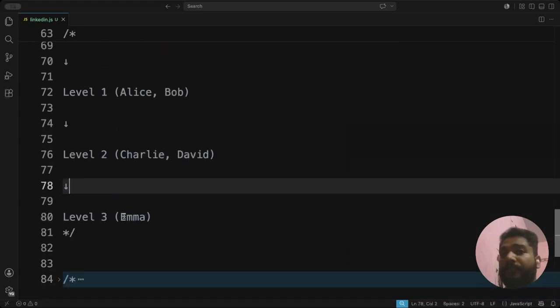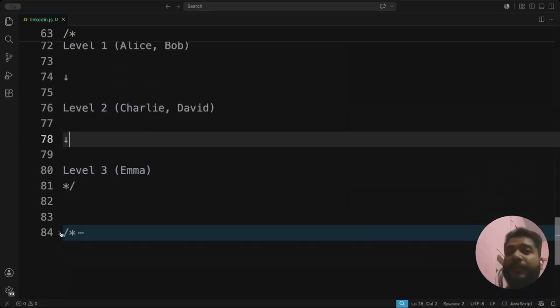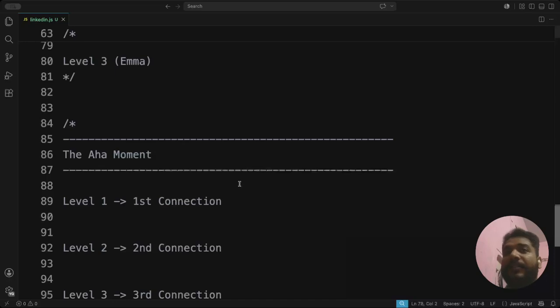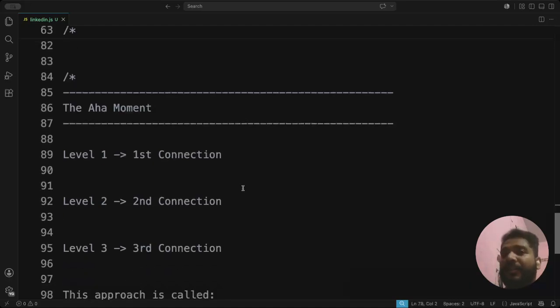I hope you understood the pattern here. If you have to determine the connection with someone and the person exists in the first level, it is your first connection. If the person exists in the second level, it's your second connection. Same if it is in the third level, it's your third connection.